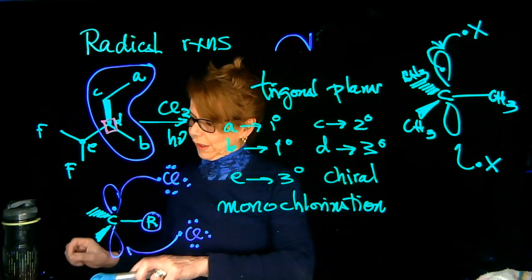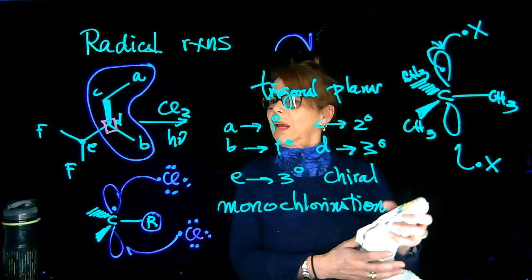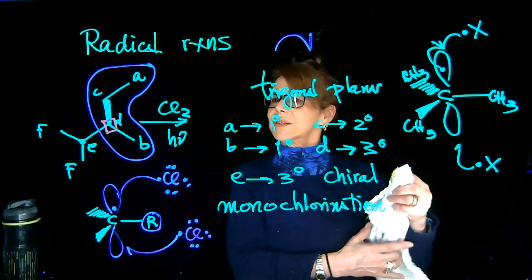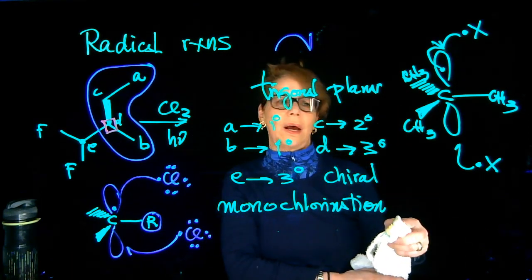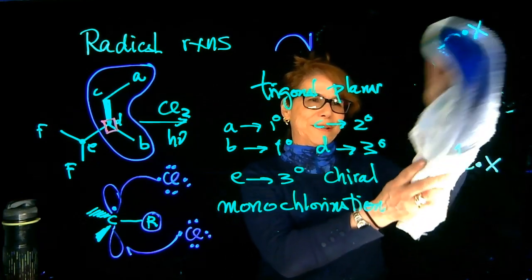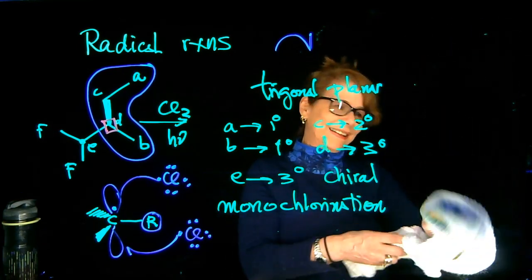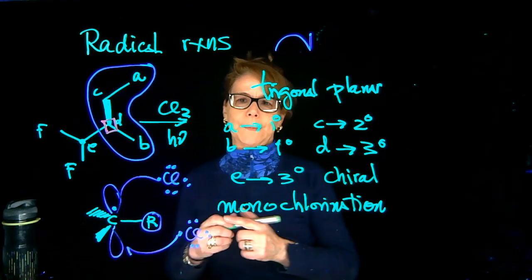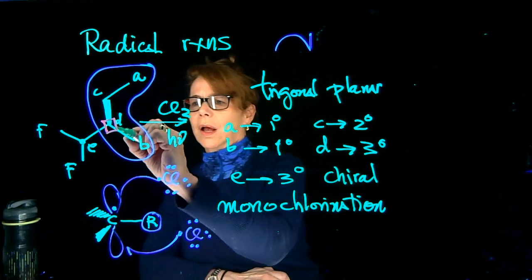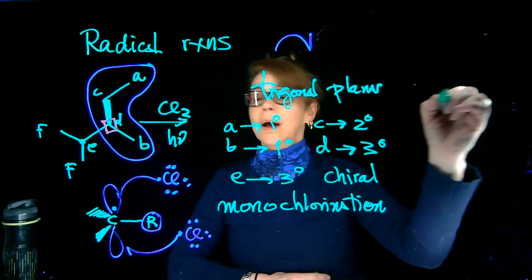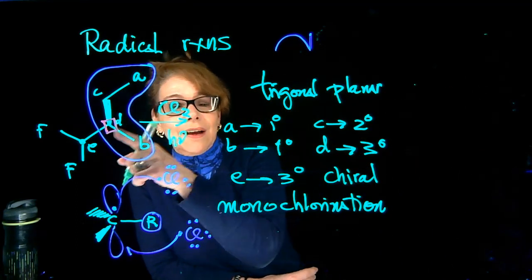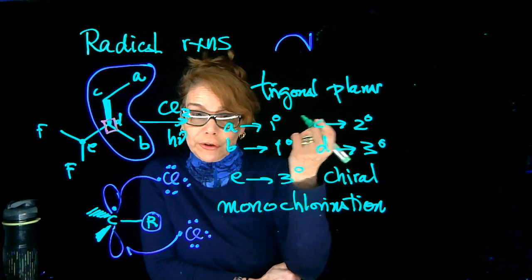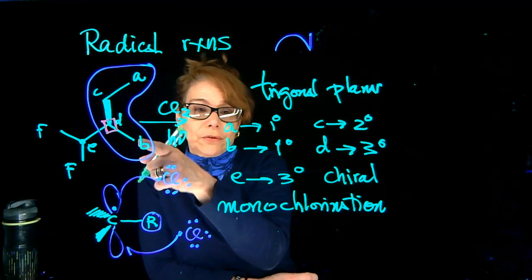Now I'm gonna do a different situation. I'm gonna make a different drawing, I changed my mind. Okay, let's do that. And here I am abstracting the hydrogen D. But notice when I remove the hydrogen D, I no longer have this structure here.